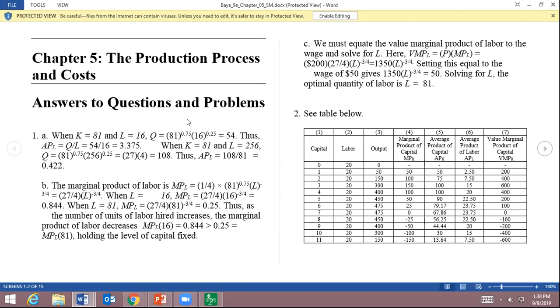Let's try another one. Because this 20 times 1/4 equals 50, which is equal to 50 here.